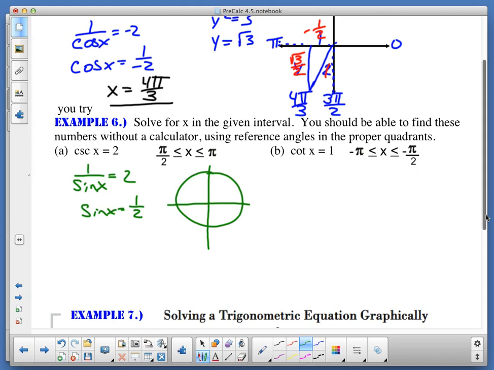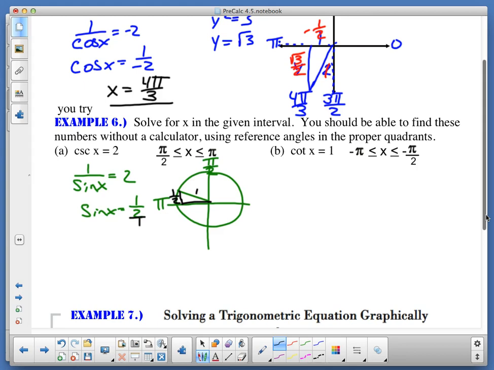Between pi over 2 and pi. I already know that's where it's going to be. And I already know that I'm going to talk about it as a half. Because this is 1, this is going to be a half. And if you need to, remember, over 1, hypotenuse.